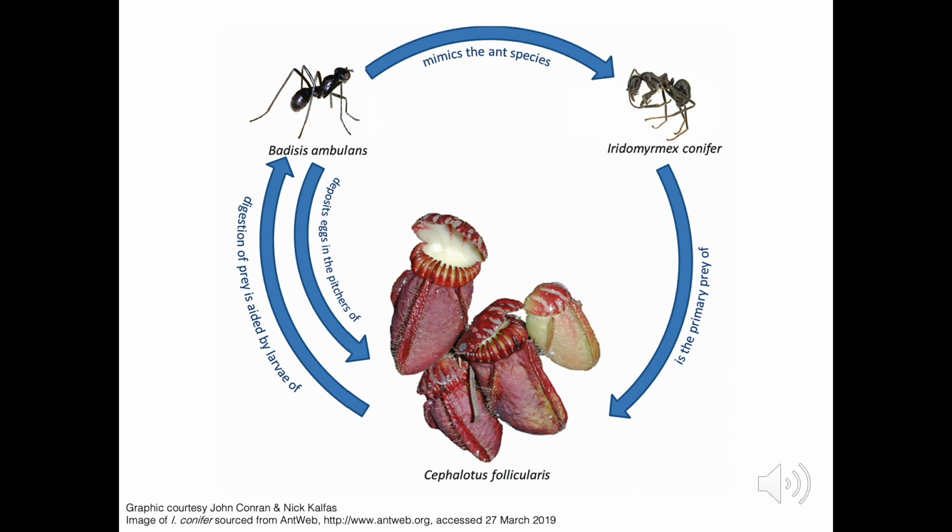The larvae of the fly help to break down the food, releasing nutrients to the plants, and meanwhile the fly wanders freely amongst the ants without harm by pretending to be part of the family. Now, as I said, Bedicis is endemic to Cephalotus, and unfortunately this plant, its only host, has undergone catastrophic declines.